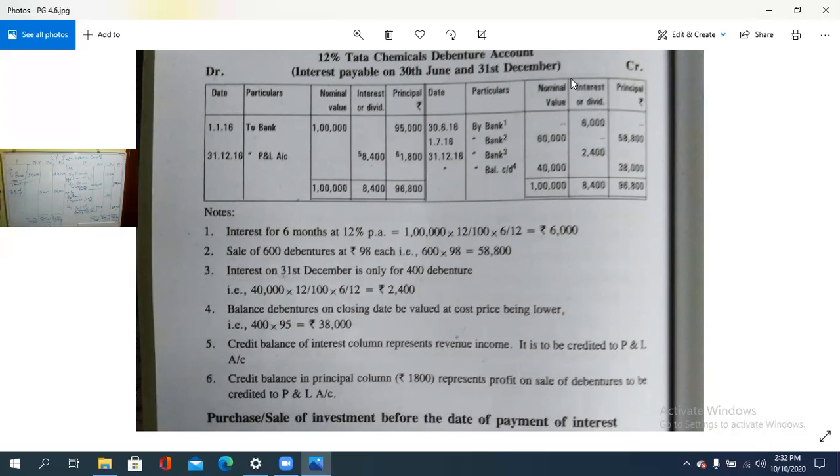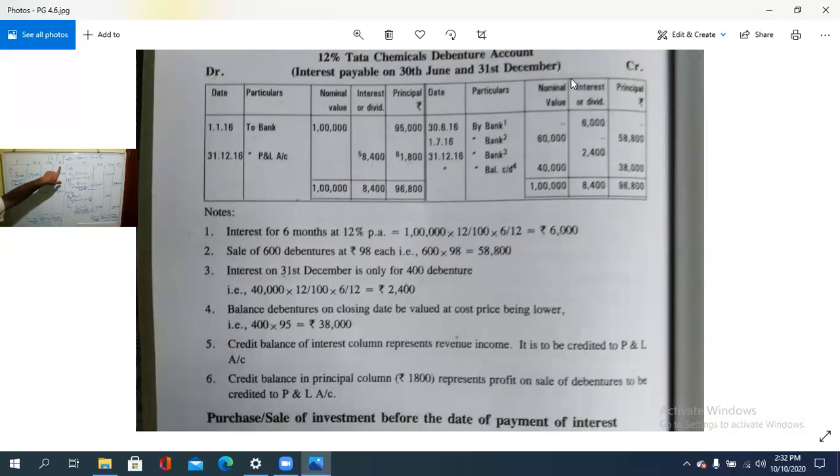So in this way, we need to prepare the investment account, or here debenture. Debenture is an investment. Share is also an investment. In the type of share, that is also an investment. So I will explain to you once again. In this problem, the main content is what? 1,000 debentures that is to be purchased at 95.